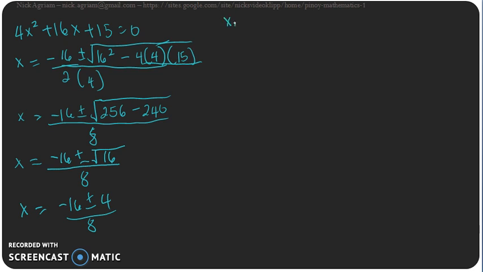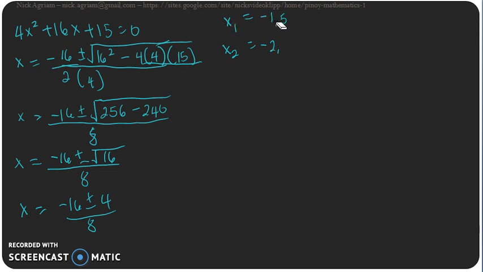So our x sub 1 now is negative 12 divided by 8, which is negative 1.5, and our x sub 2 will be negative 20 divided by 8, which is negative 2.5.